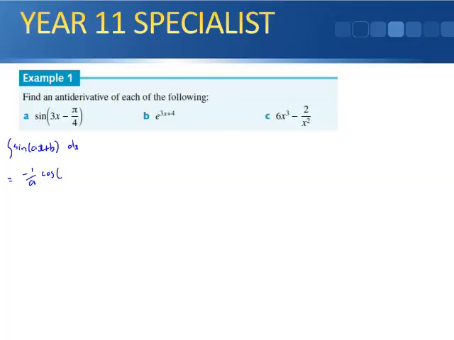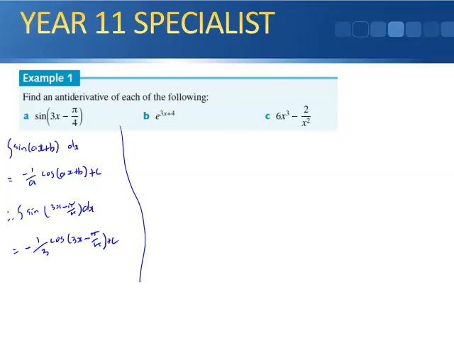This time when we go the opposite way, we get negative, and we have to always put a plus c. So here, the integral of sine of 3x minus pi on 4 dx equals -1 on 3 cos of 3x minus pi on 4 plus c.